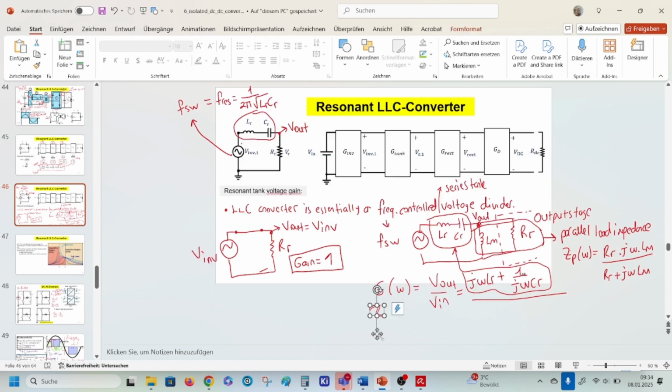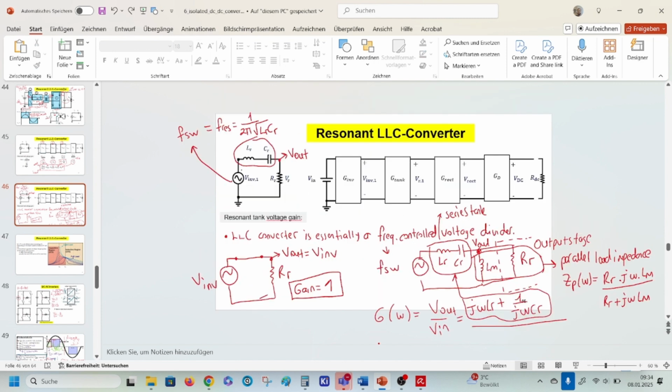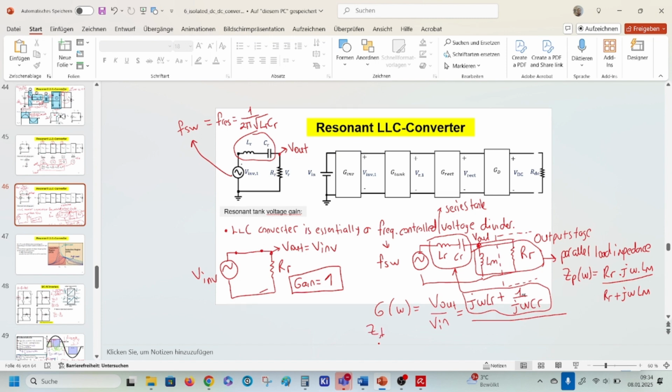The total impedance is just series impedance plus the parallel impedance.